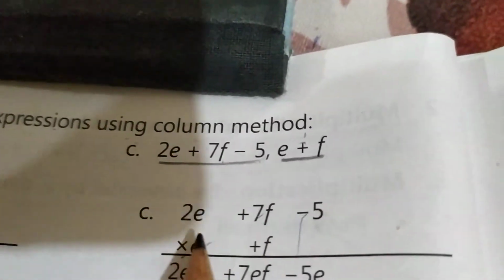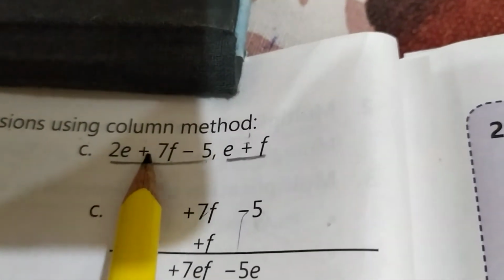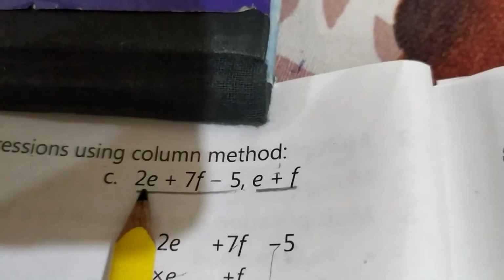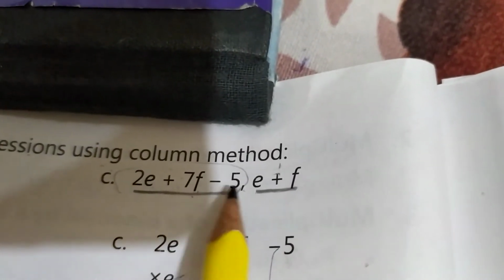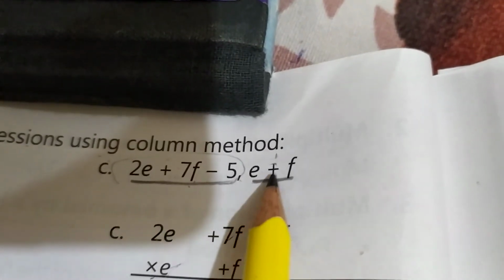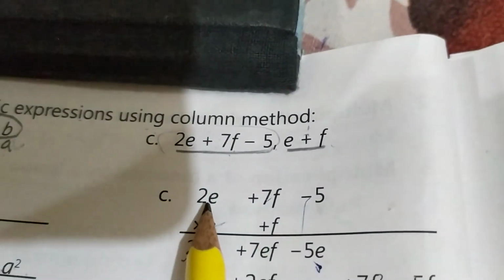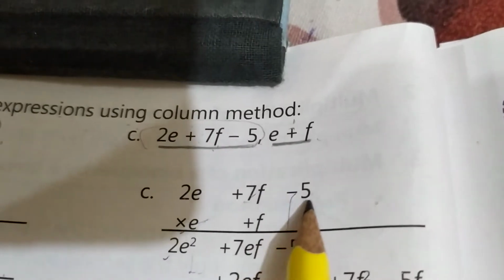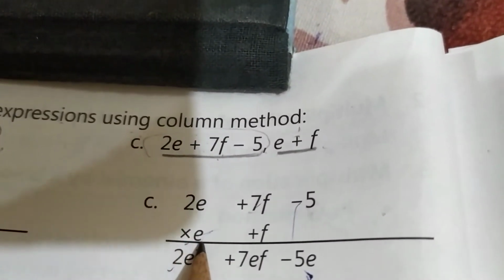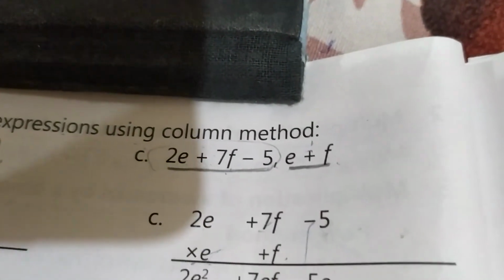Now next example, we have to multiply 2e plus 7f minus 5. It is a trinomial, and we have to multiply this trinomial by a binomial, that is e plus f. We will write 2e plus 7f minus 5, then multiplied by e plus f. Start from here.